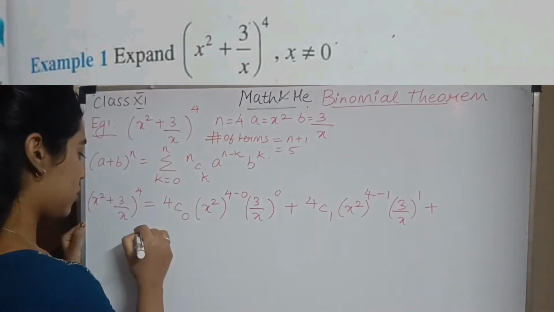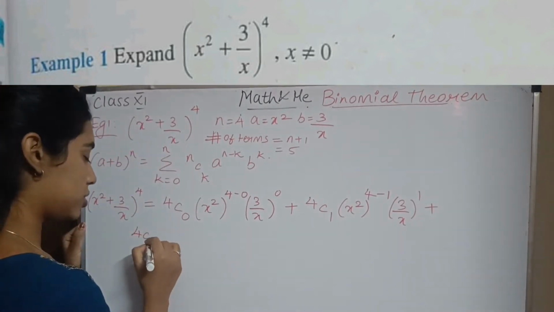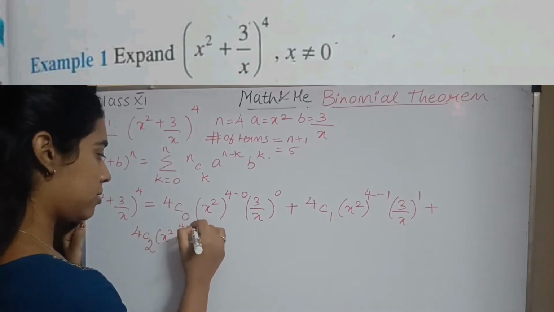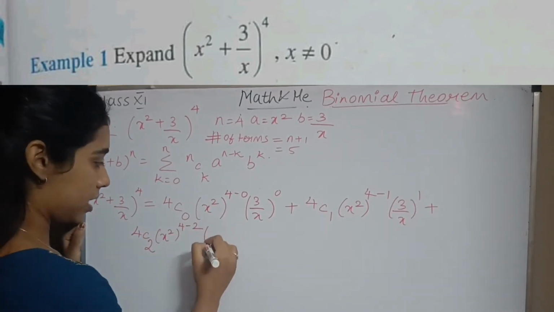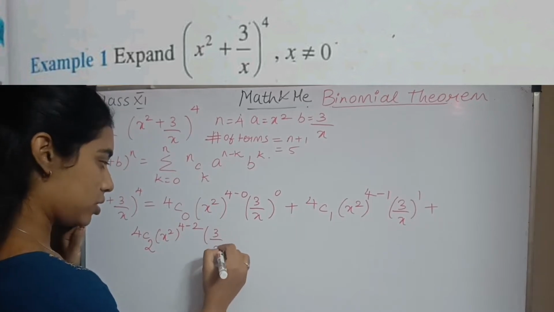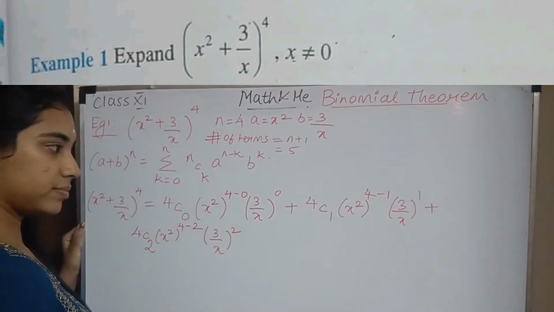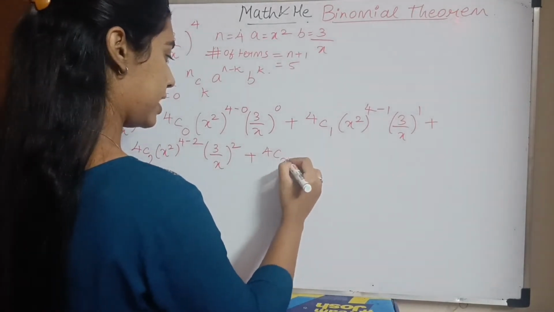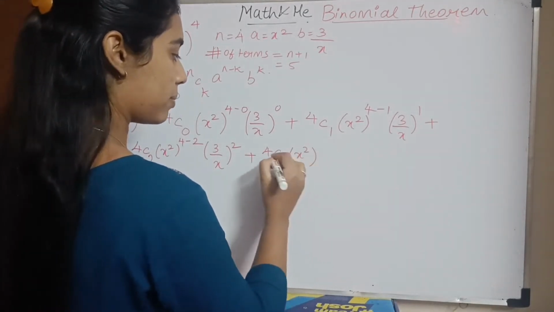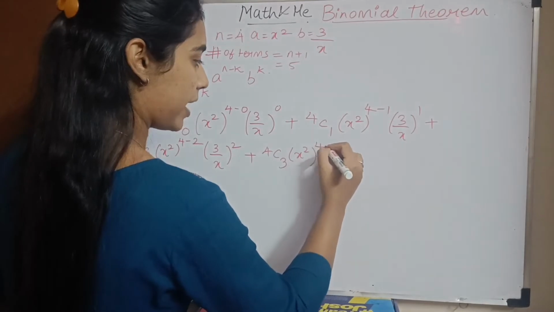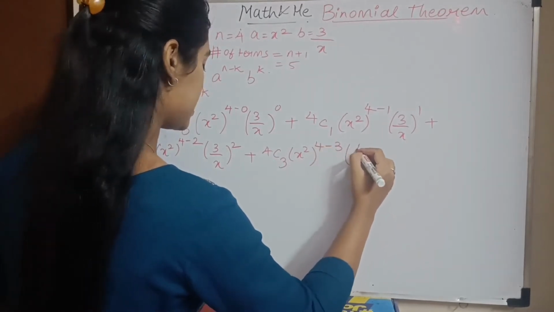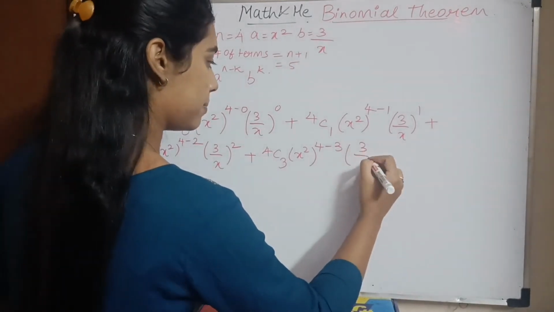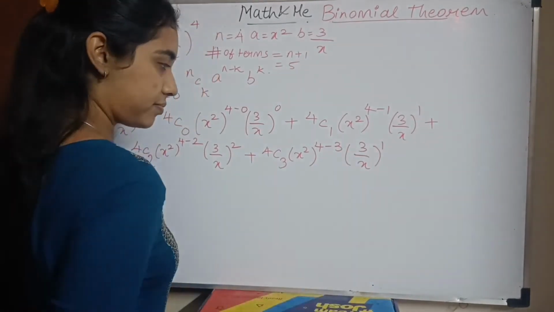Plus 4C2 of a to the power n minus k times b to the power k, plus 4C3 of a to the power n minus k times b to the power k.